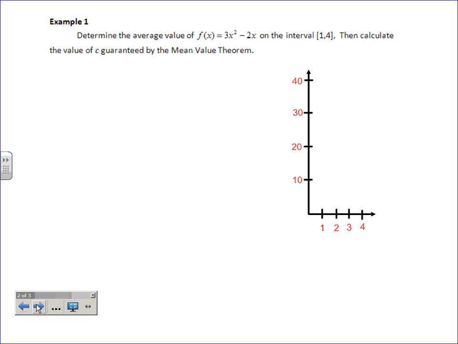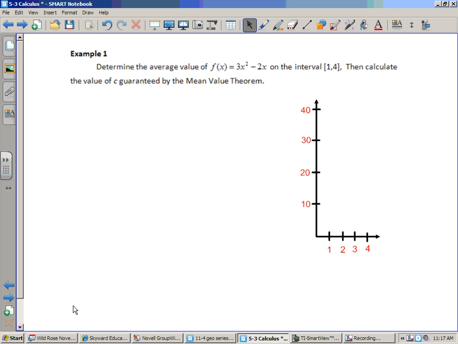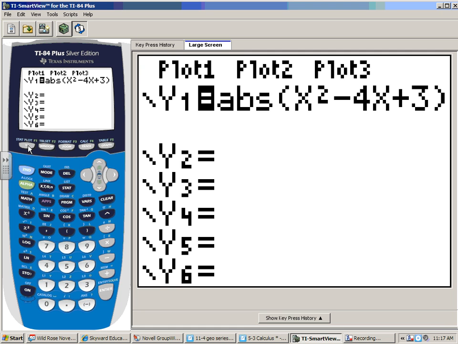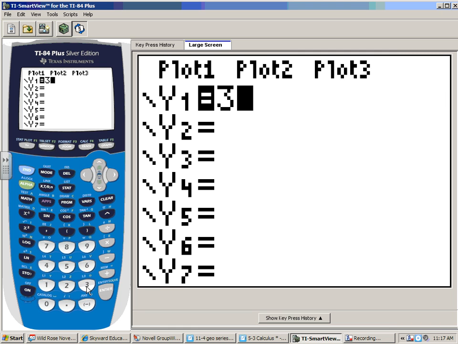So probably the easiest way to do this is jump into an example here. And this is probably where you're going to want to use the graphing calculator a little bit to get an idea of what it looks like. So go ahead and graph 3x squared minus 2x from 1 to 4. Now, if I hit graph right now, it's probably going to be from negative 10 to 10, so that's probably not what we want.